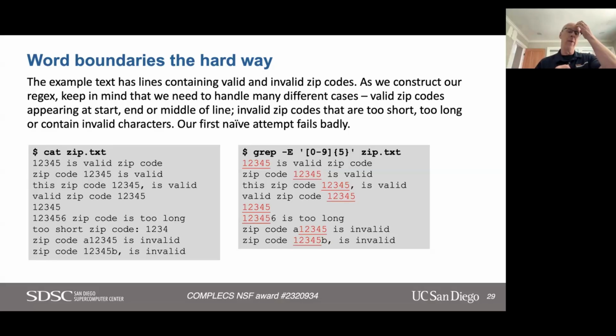For example, we have 123456. That's too long. A zip code should just be 5 characters. The next line has one that's too short. And for the next 2, I'm going to consider these invalid because we have extra characters tacked on there. A12345 or 12345B.